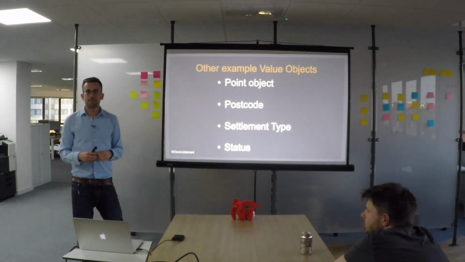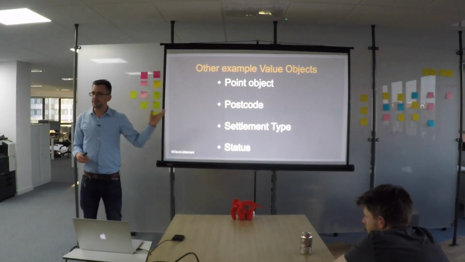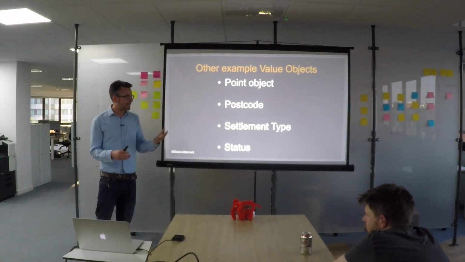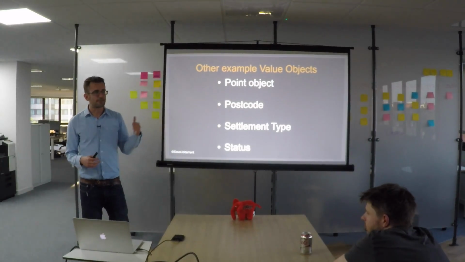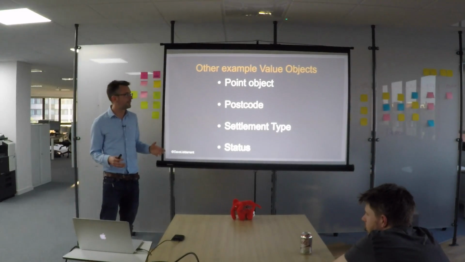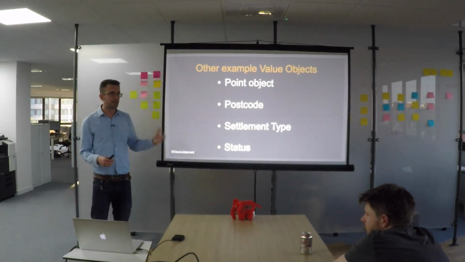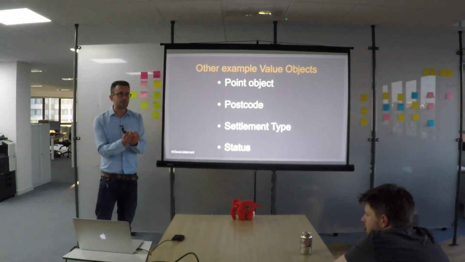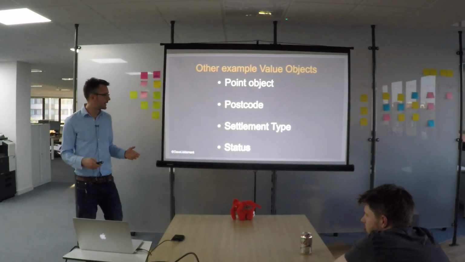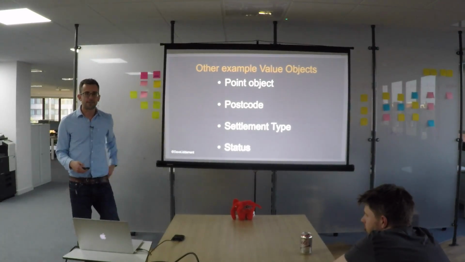Settlement type. Clearly, I've been doing stuff recently which is all geographical. But settlement type can be one of 6 values. So it's things like cities, towns, villages, and there are a few others. Those could be represented as a string, but if we make it a value object, we know that a constructed value object is only a valid settlement type, whereas a string could be any value we like. Status, that's another thing.